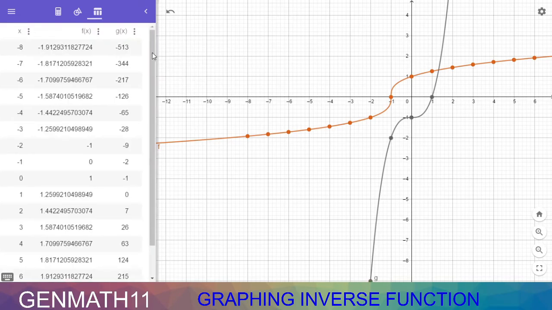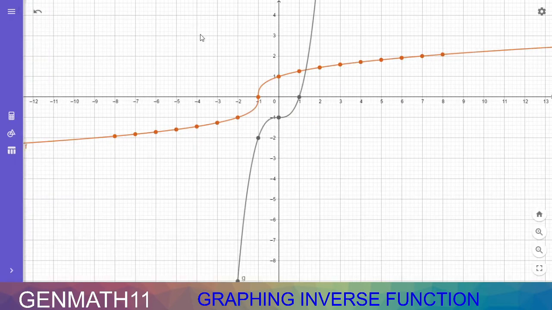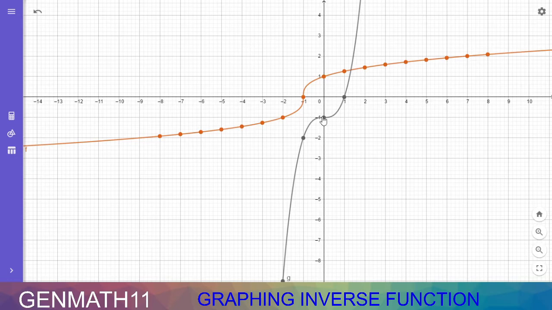Then, maglagay lang tayo ng table of values. Okay. So, kung mapapansin nyo, dito pa lang sa negative 1, yung y dito sa graph natin ng inverse, yung kulay gray, and this, the original function. Yung ating x dito, di ba, negative 1, 0.